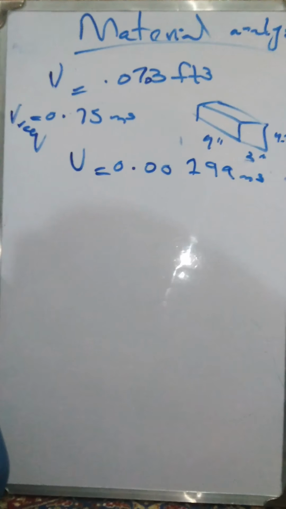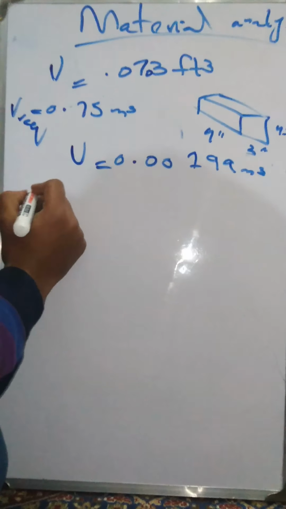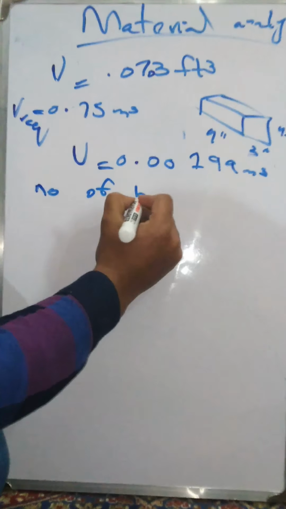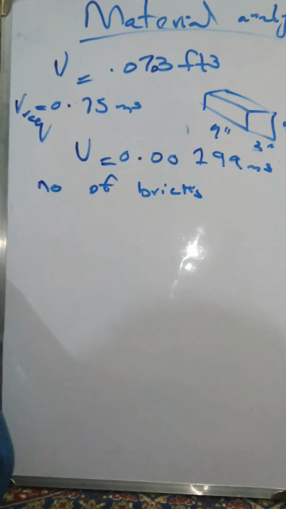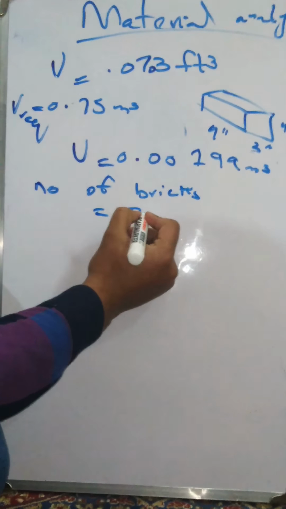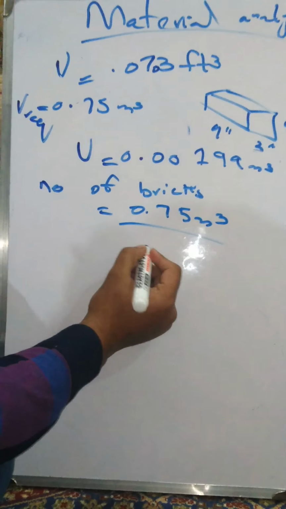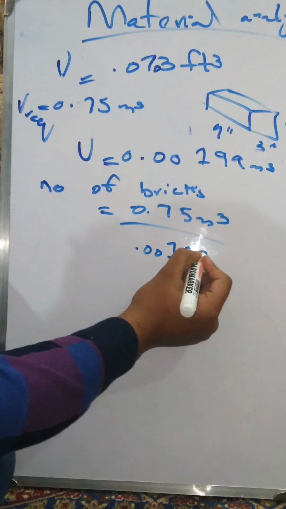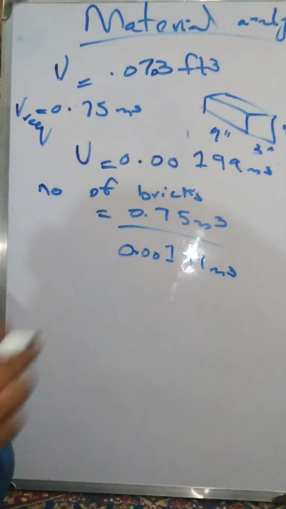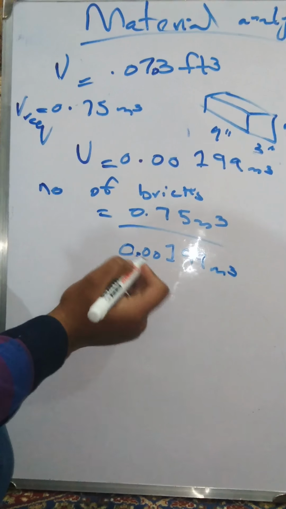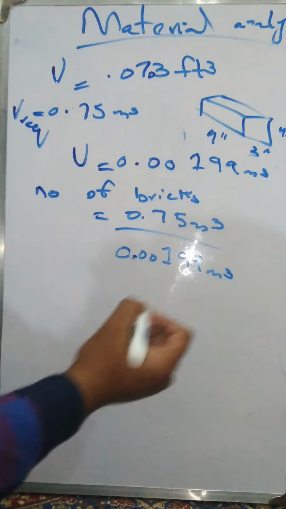So the number of bricks required for 1 meter cube wall would be 0.75 meter cube divided by 0.00199 meter cube, which is the volume of one brick, and 0.75 is the volume of brickwork in the 1 meter cube wall.